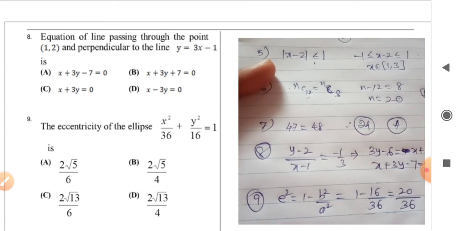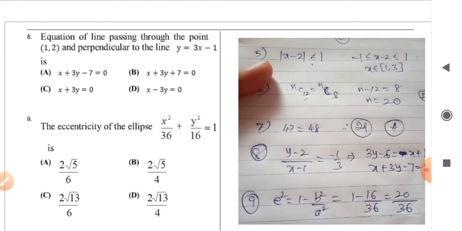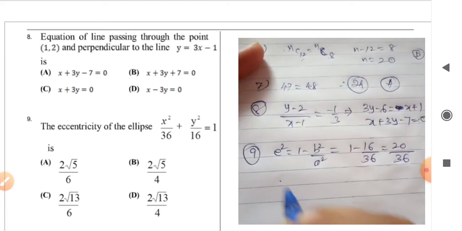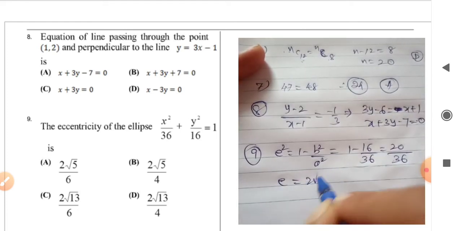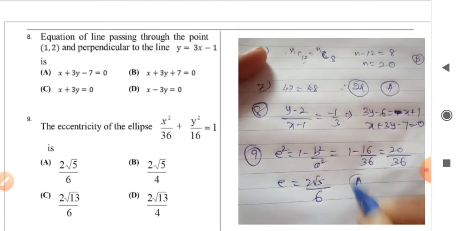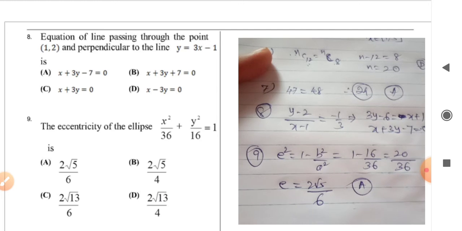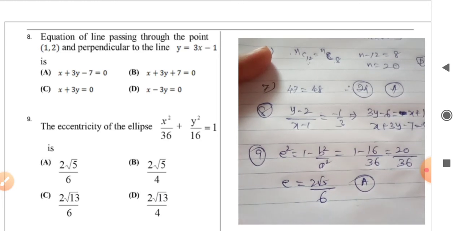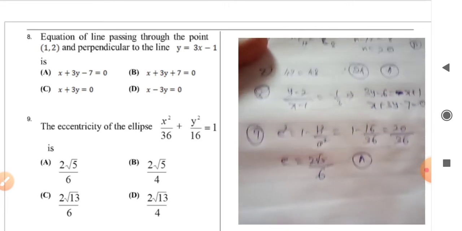Now finally, find the e value. You get e equal to 2 root 5 divided by 6. They have given our option number A as the answer for this question. So look at this, very easily you can proceed with all these and get the answer for all these questions. So I go for the next one.